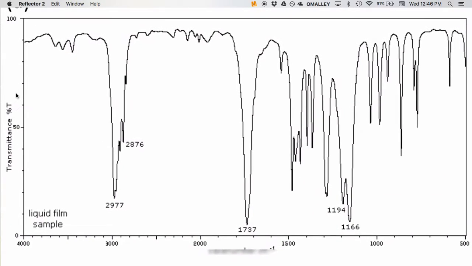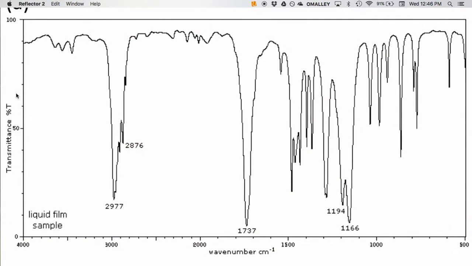Here's the first one, spectrum A. If I read it left to right, the first thing I see are these peaks here at around 3,000 or so. And those, as we just had in the previous example, correspond to CH single bonds. Moving forward, I have something else that looks very similar to the previous example. I have something at 1700, very broad.